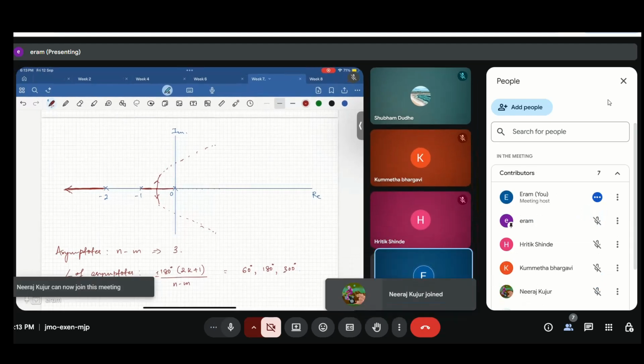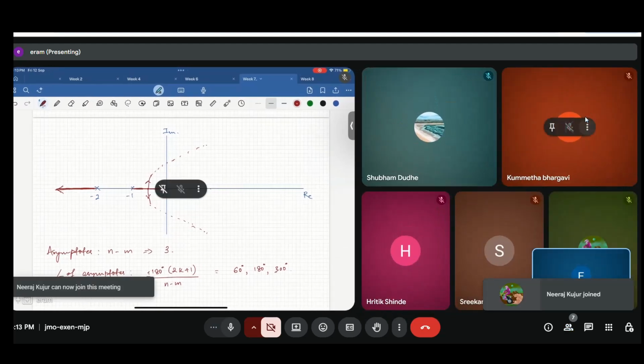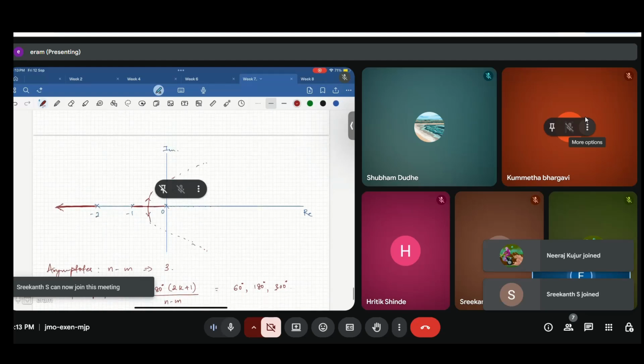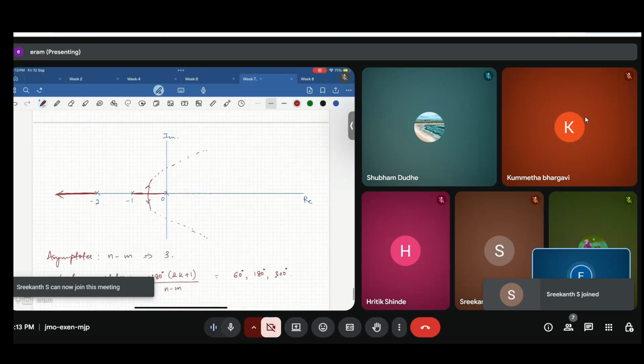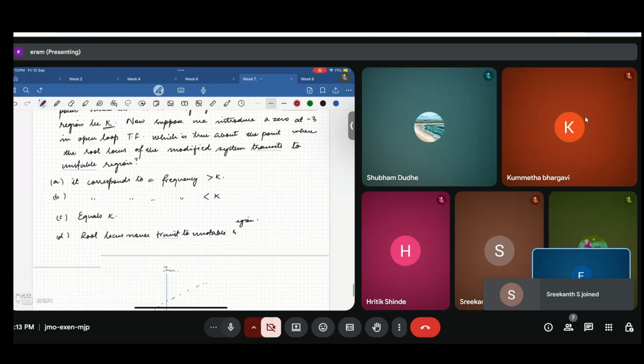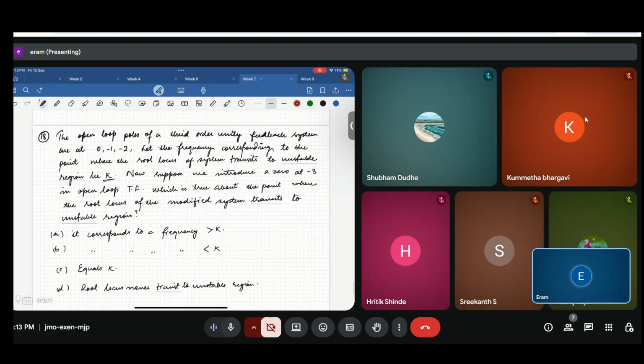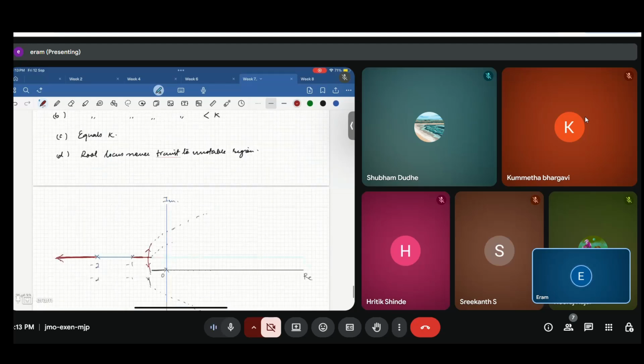Now in this open loop transfer function, you are introducing a 0 which is at minus 3, and we have one other piece of information that this transits to the unstable region at frequency equal to k. So what is happening?